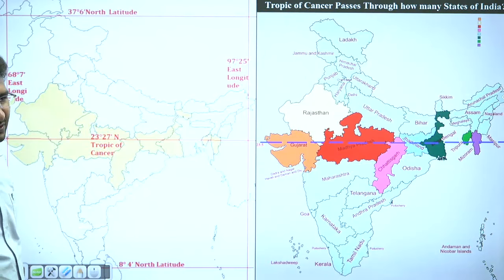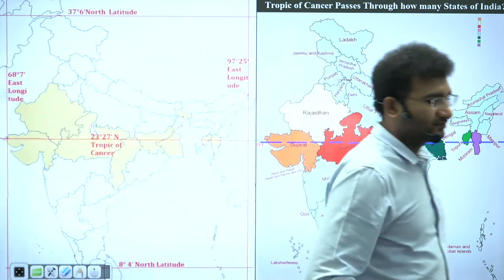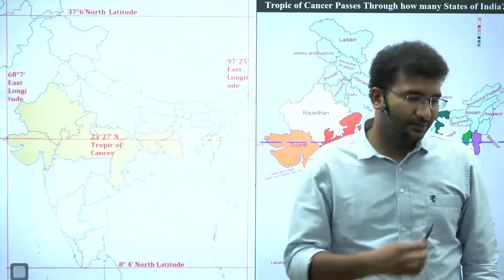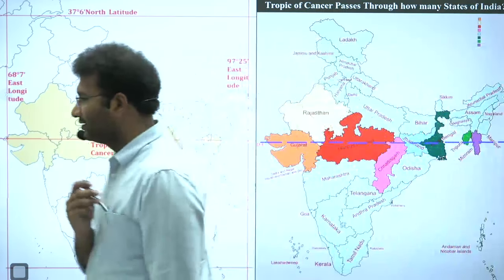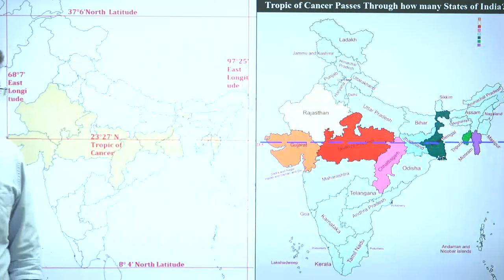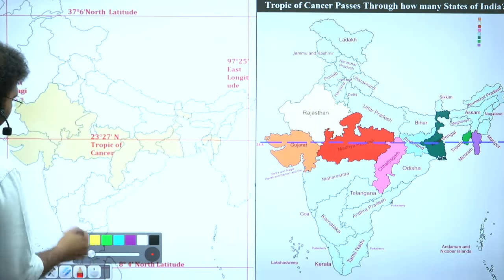Tropic of Cancer passes through 8 states. Now quickly open your atlas and identify what these 8 states are. Gujarat, Rajasthan, Madhya Pradesh, Chhattisgarh, Jharkhand, West Bengal, Tripura, Mizoram. So quickly note it down.